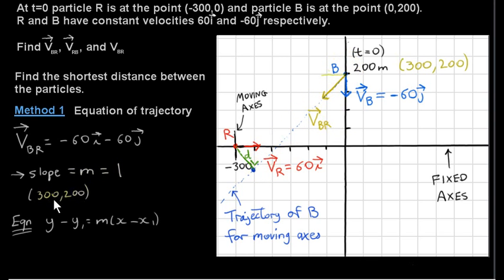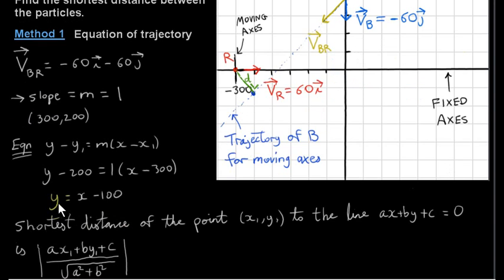So now we have the slope and the point on the line. It's this point here. It's 300, 200 from this axis. So we can now write down the formula for the equation of a line. So x1, y1 is 300, 200. So we have y minus 200 equals m, which is 1, times x minus x1, which is 300. Simplifying this equation, we get y equals x minus 100.